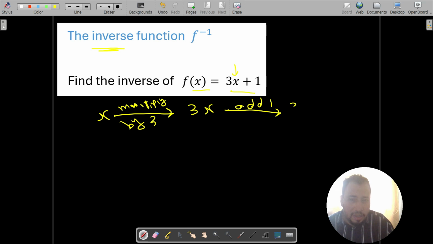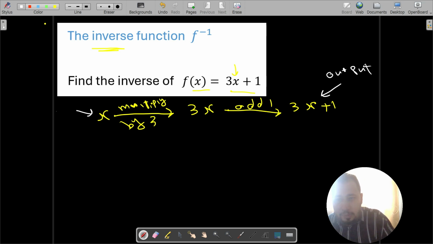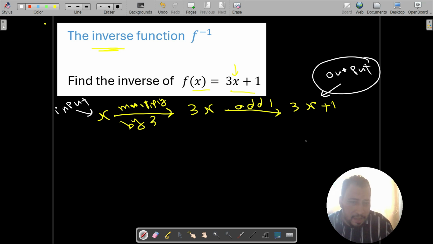It's going to be 3x plus 1. Put in your mind that here, this is your output and this is your input. Okay. This is the normal function. To find the inverse of the function, here instead of your output, it must be your input.